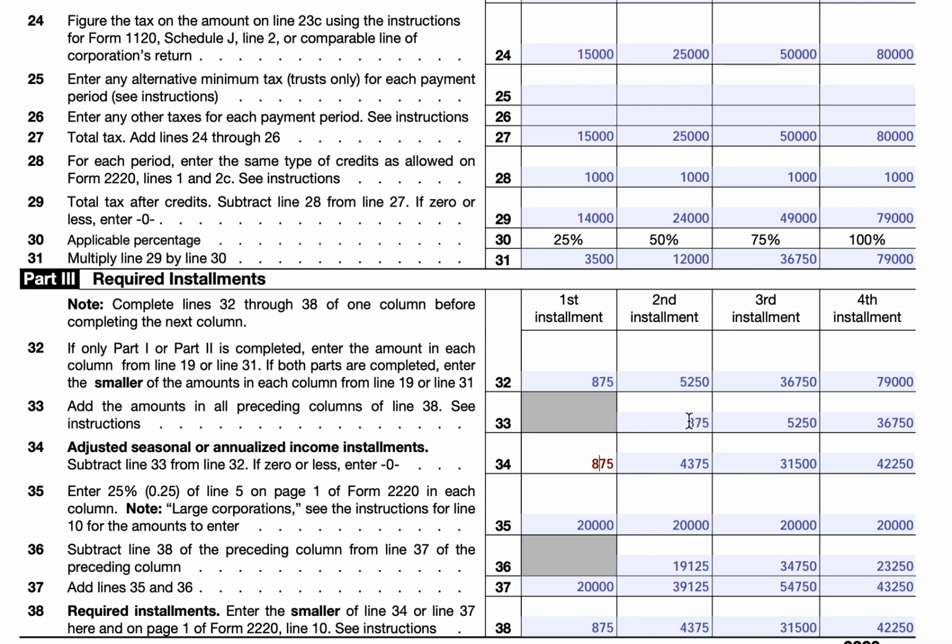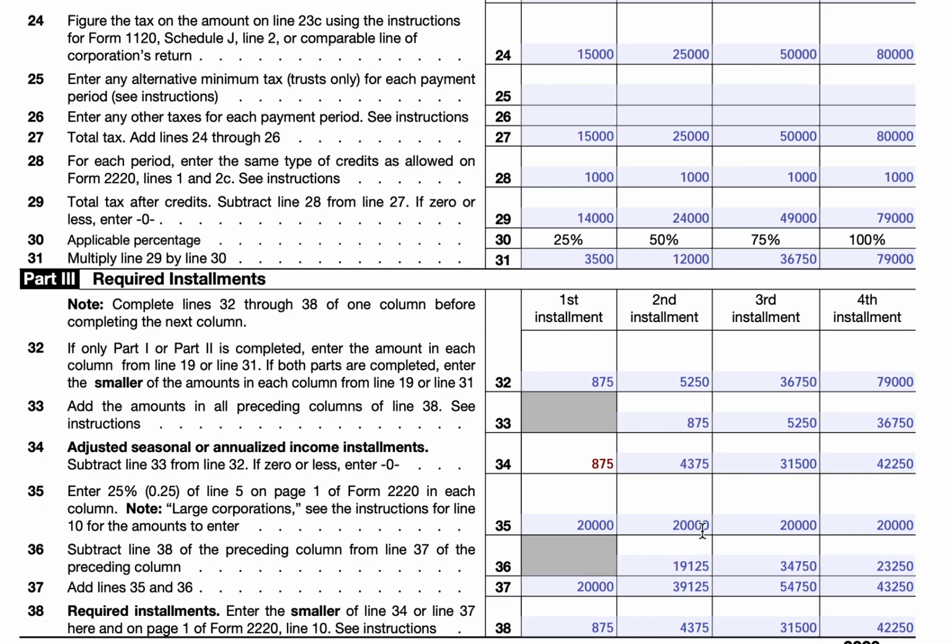Now for this second column, we're going to simply carry this number over, but for subsequent columns, you need to add the line 38 numbers for the previous columns. So we'll go down through second installment. We subtract the 875 from the 5,250.